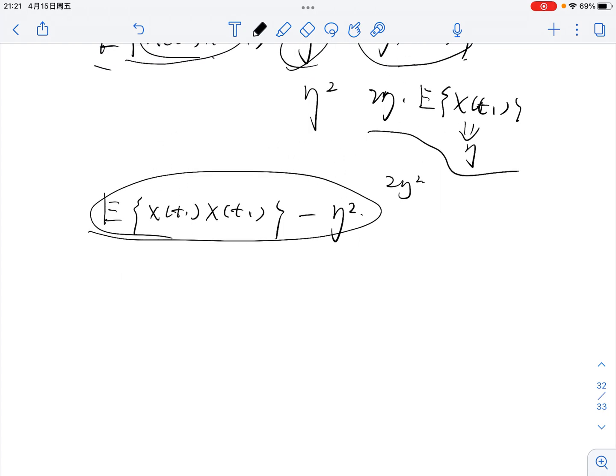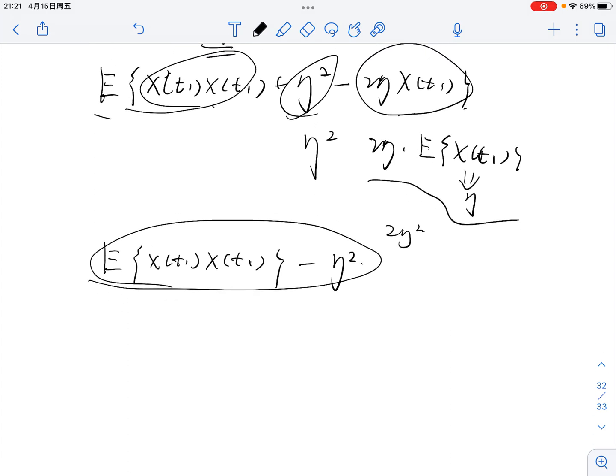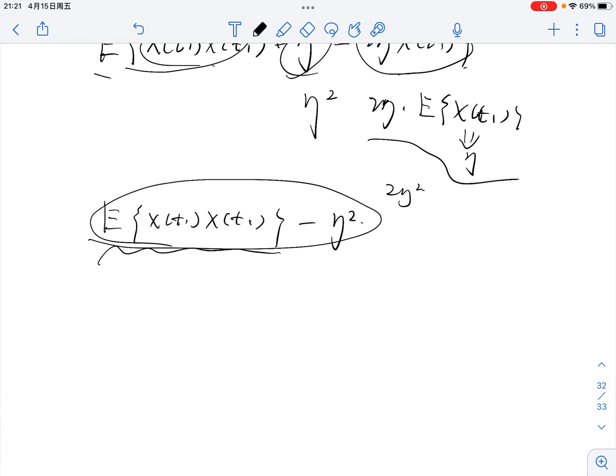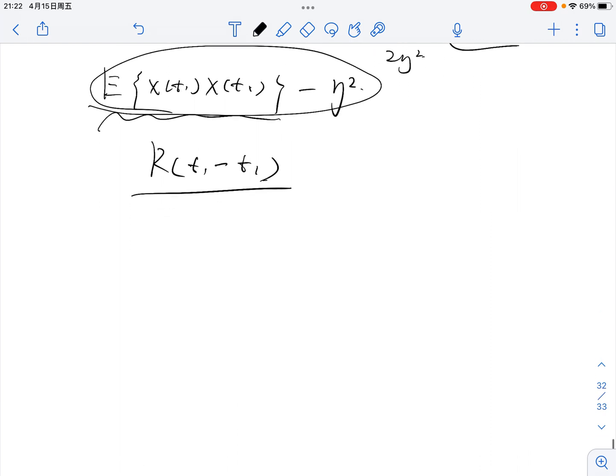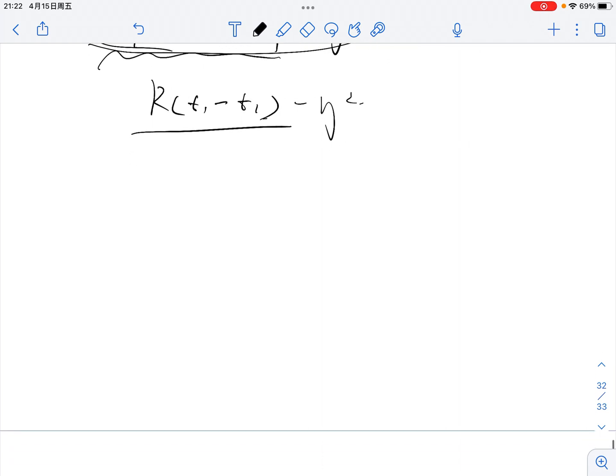By using the property of wide-sense stationary further, we notice that this term is actually just R(t1 minus t1), the autocorrelation function of t1 and itself. So this term is R(t1 minus t1) minus eta squared.